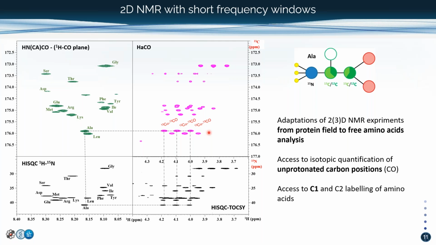So I won't go into detail about all this information, but thanks to these approaches, we are now able to quantify the labeling of the first two carbons of every amino acid. One of the things which is quite complicated to get is the C1 labeling of amino acids, and which is really rich in information for flux analysis.